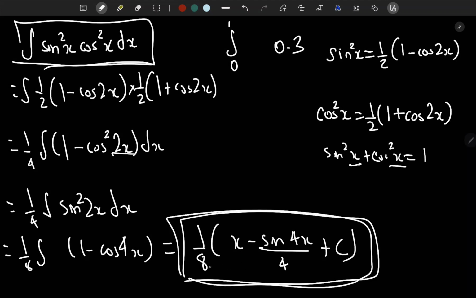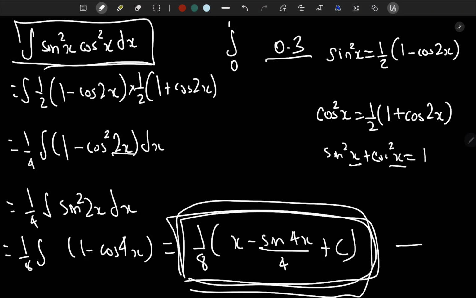So the x is going to be 1 over 8, 1 minus sine 4, because it's going to be 1 over here, over 4, and then minus, then we substitute 0 next. So we subtract the entire thing, and if you get the same answer here, that means your answer is correct. I will make a short video on that, and that will be simpler to understand.